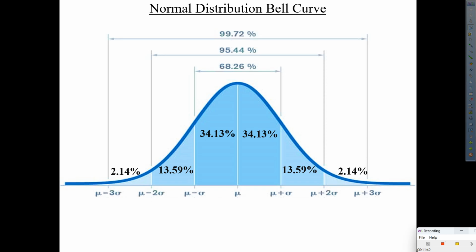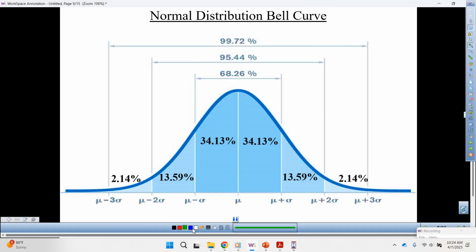So what does that mean, Mr. Q? That means that all those percentages that you see, all of them, are for under the curve. The only thing that we're missing is these at the end. This little piece right here and this little piece right here.